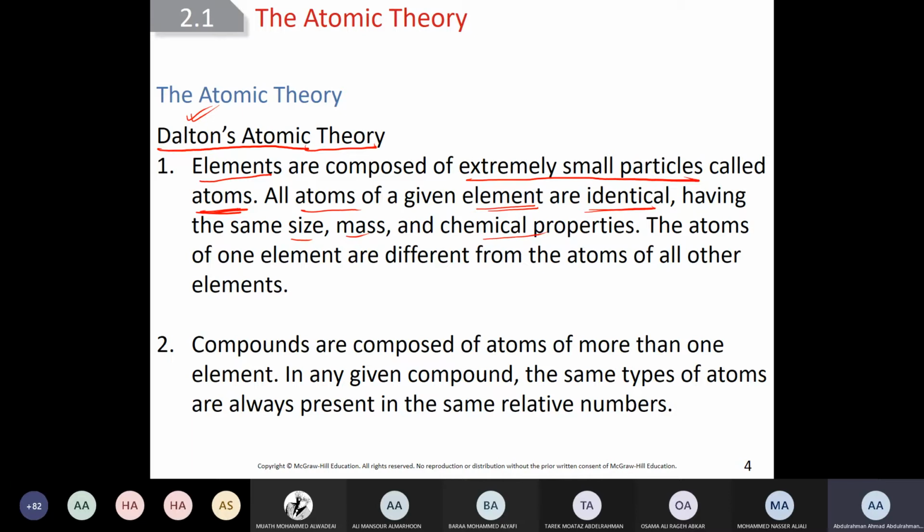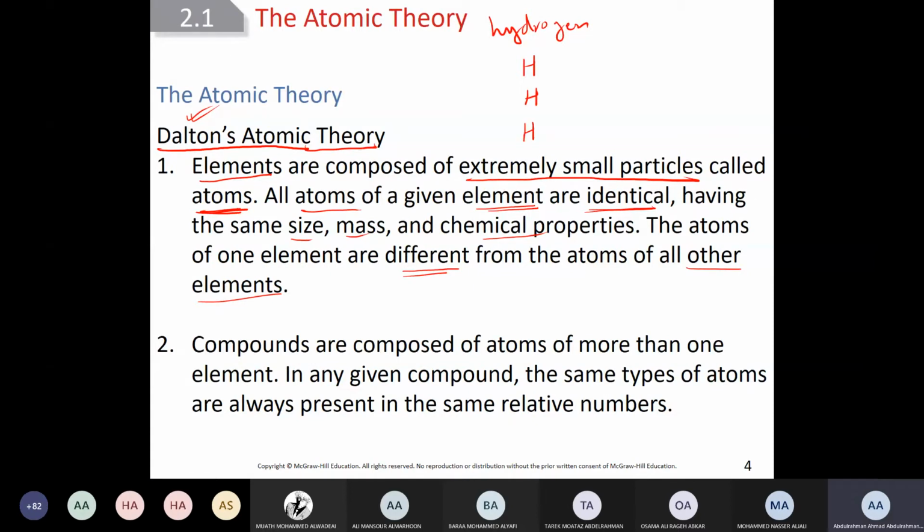Atoms of different elements are different. Clear? This means if I have hydrogen, what's the atom of the hydrogen? H. What's the other atom of the hydrogen? It will also be H. It will be H for everything.